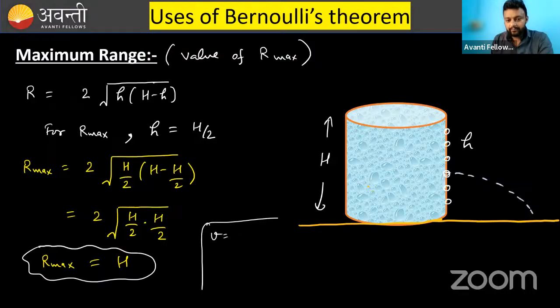Velocity of efflux, root 2gh. The direction of this velocity is horizontal. Next, the range of the liquid is 2 root of h times (H minus h).